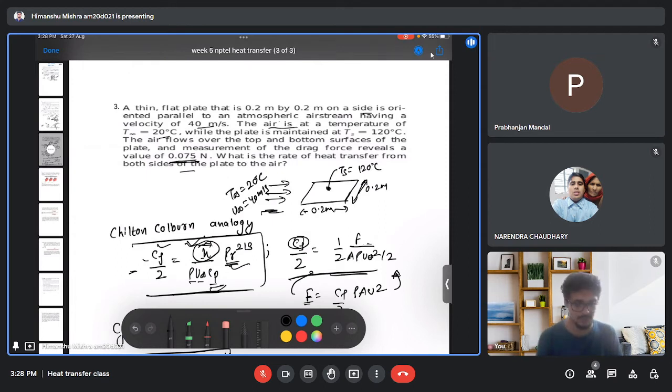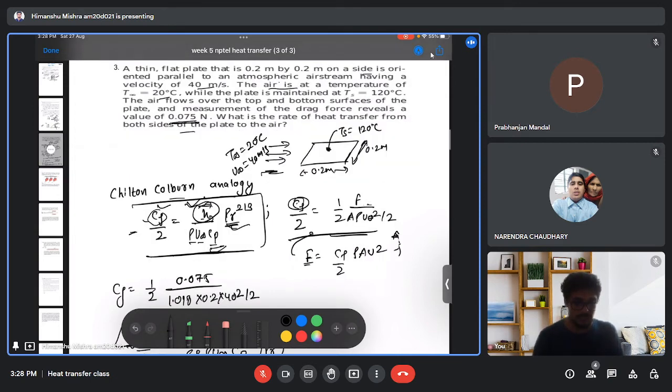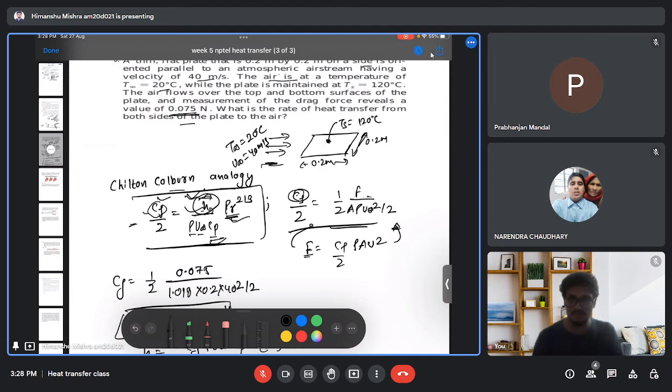So we use the Chilton-Colburn analogy, which relates the drag coefficient with the heat transfer coefficient and the Prandtl number. To calculate the heat transfer coefficient, we first calculate the drag coefficient, which is obtained from the simple formula that you may have seen in fluid dynamics, this drag force relation.